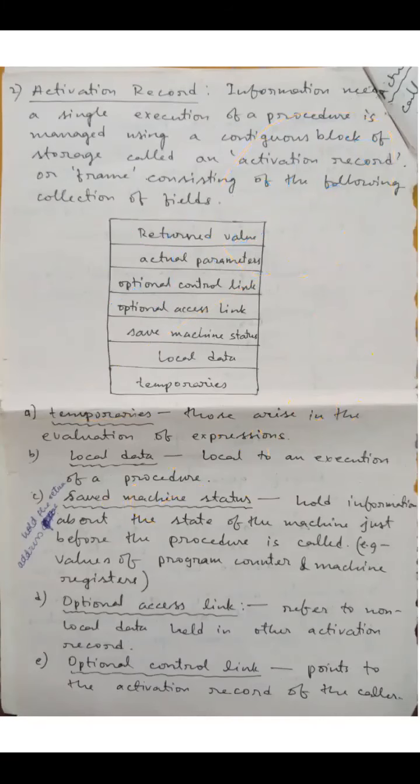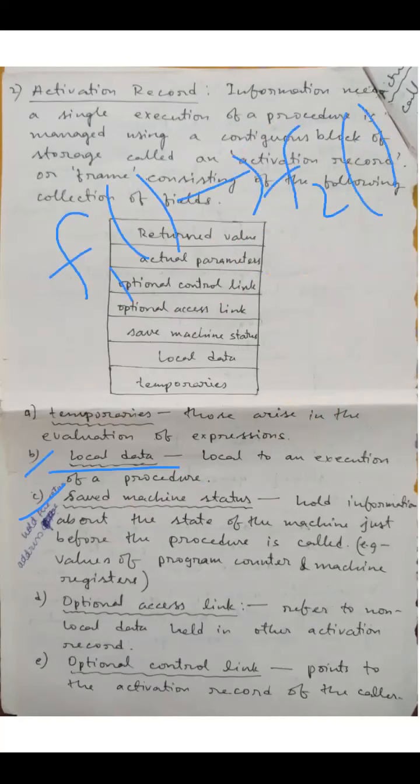And then local data basically stores the variables which are local to a function. Then saved machine status. What is this? Say function f1 is calling function f2. Function f2 is the called function, and function f1 is the calling function.